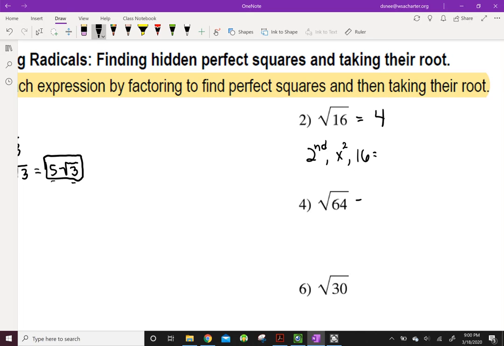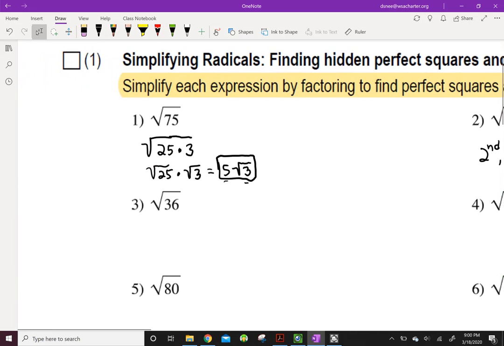And I'm just going to jump down here to number 4 because I know 64 is a perfect square. I know that 8 times 8 equals 64. And over here, again, I know that 36 is a perfect square, and 6 times 6 is equal to 6 squared. So the square root of 36 is equal to 6.